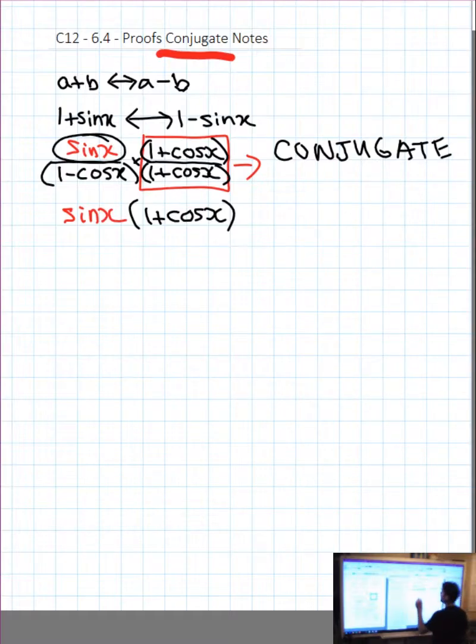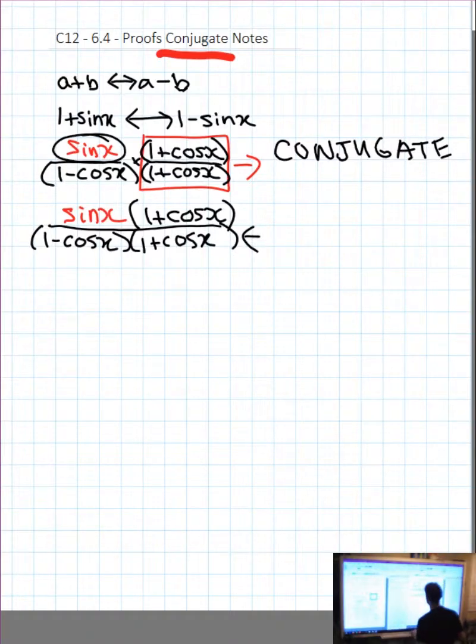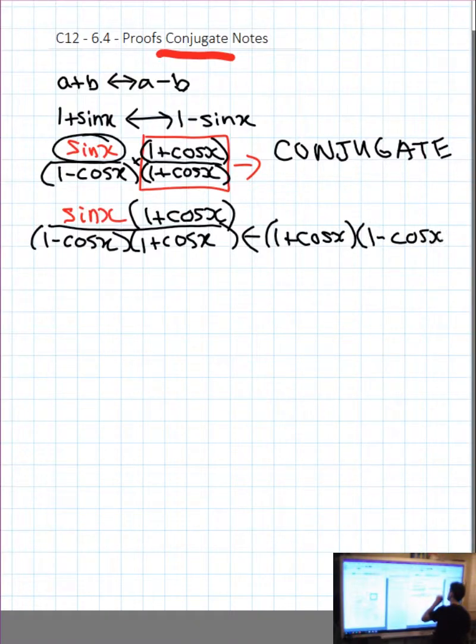So, back to the fraction on the denominator. We have 1 minus cos x and 1 plus cos x. And that looks like an interesting thing, and we should do that off to the right. So we have 1 plus cos x, and we have 1 minus cos x.